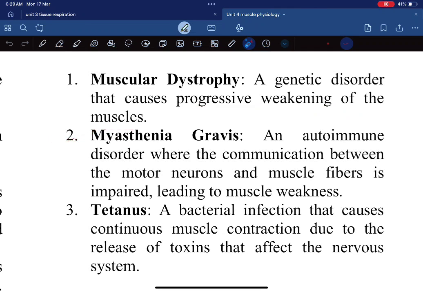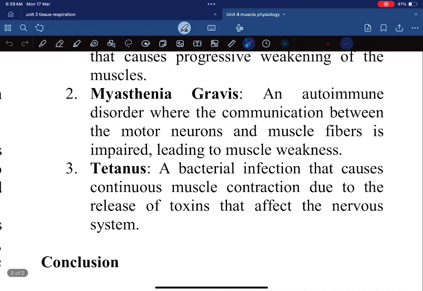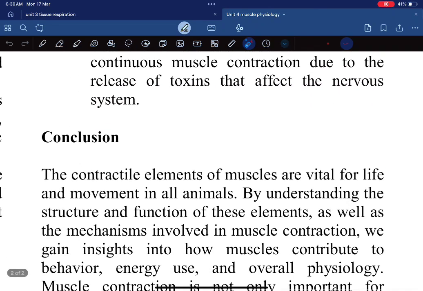Second, myasthenia gravis, an autoimmune disorder where the communication between the motor neurons and muscle fiber is impaired, leading to muscle weakness. Third, tetanus, a bacterial infection that causes continuous muscle contractions due to the release of toxins that affect the nervous system.